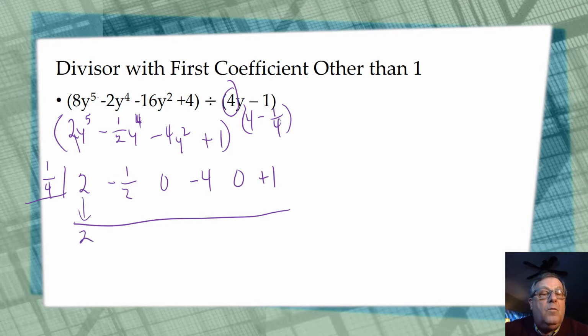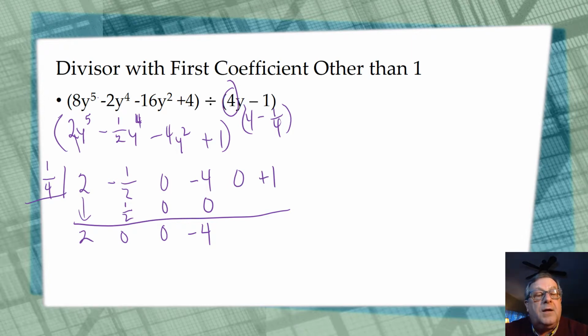All right. 1/4 times 2 is 1/2. Negative 1/2 plus 1/2 is 0. And 1/4 times 0 is 0. 0 plus 0 is 0. And 1/4 times 0 is 0. And then we got negative 4. Negative 4 plus 0 is negative 4.